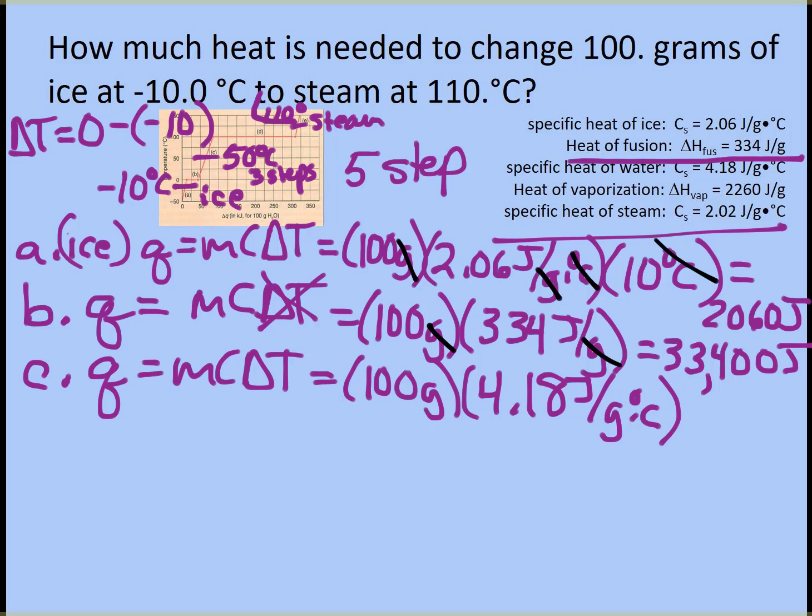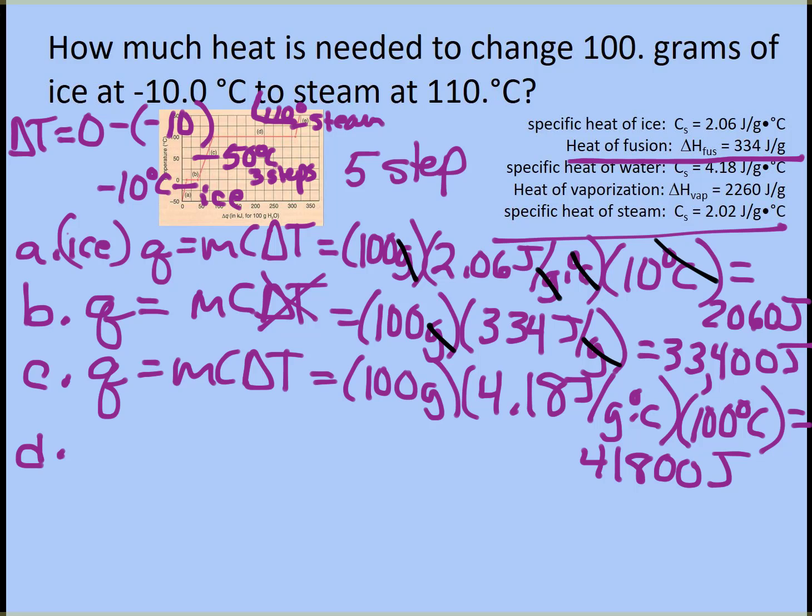I'm going from 100 minus 0, so I get 100 degrees Celsius. On this one, we're moving through a lot of temperature, so my number is going to be a little bit bigger because of that. I get 41800 joules. That's for area C, or the liquid area.